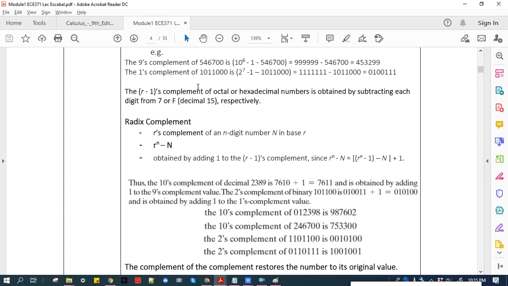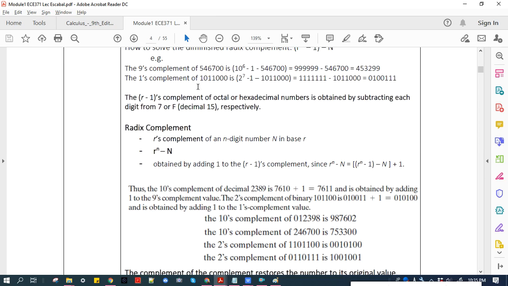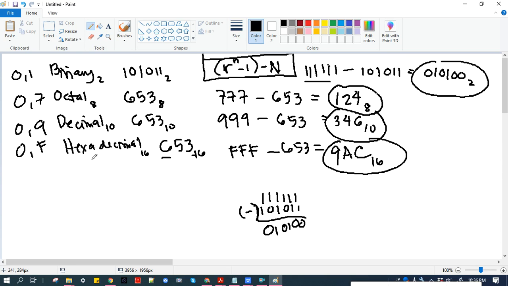The radix complement, or the R's complement, of an n-digit number N in base R is R to the power n minus N.